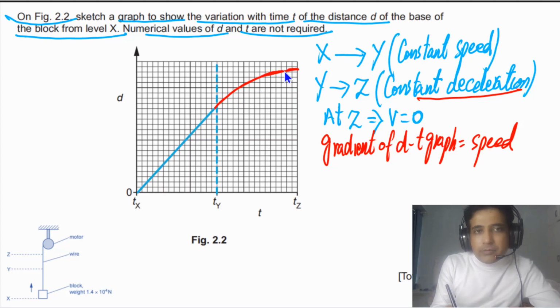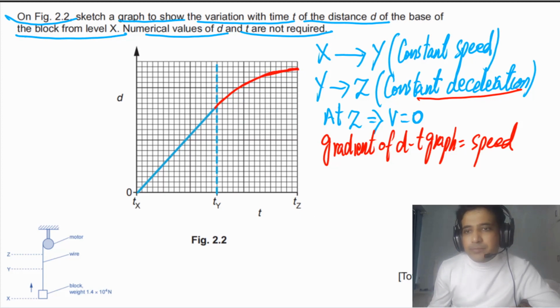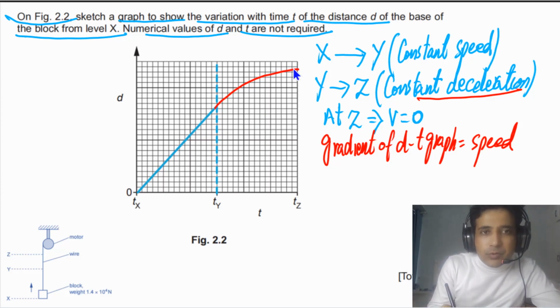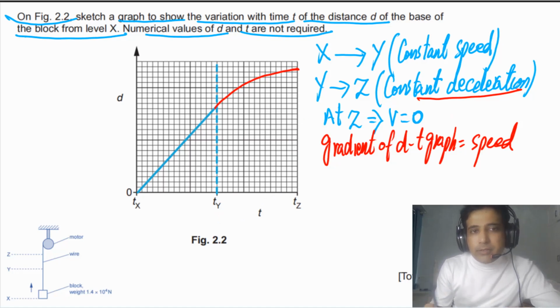Otherwise, we can redraw the second part. If you draw like this, this is acceptable. Horizontal is telling us gradient 0, which means speed 0. If you draw this curve like this, you will get 2 marks, because this question has only 2 marks.